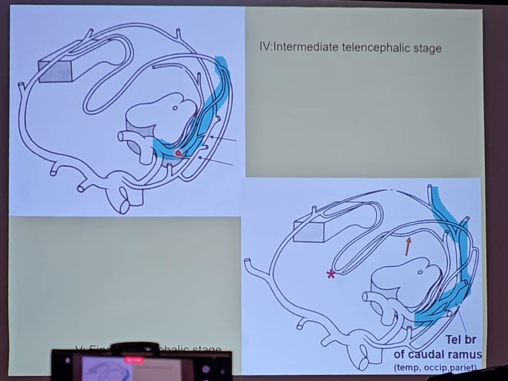But in time, these anastomoses between the posterior cerebral artery and the anterochoroidal artery system developed towards not only participation in the supply to the choroidal system, but also anastomotic channels towards the branches that supply the brain, the telencephalon.